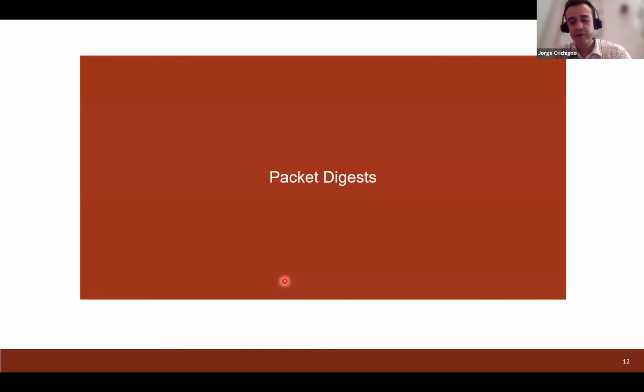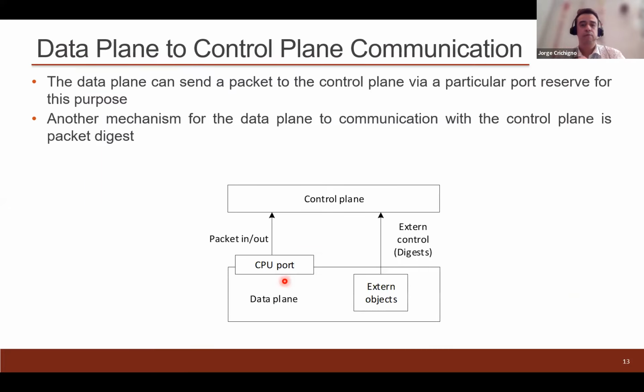Now, the second topic that we will develop today is packet digest. And before describing what packet digest is, I should mention the purpose. So the scenario is as follows. We have the data plane here at the bottom and the control plane at the top.